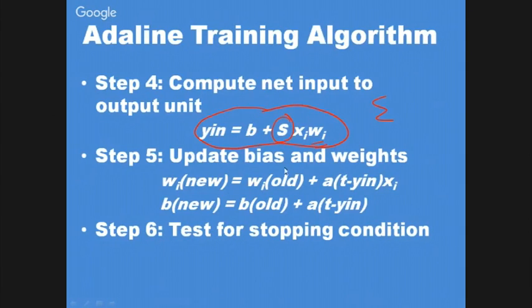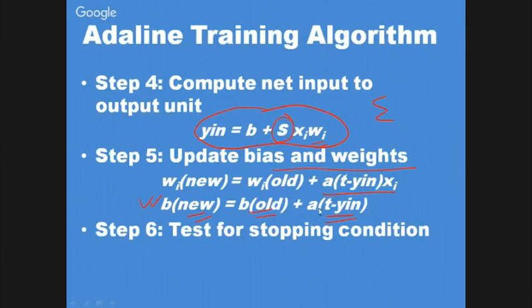Then after that you have to update the weights and the bias. If you take the bias, then you have to update the bias also. So bias new will be bias old plus a into (t minus y in). Here you don't have to give xi; it will be a into (t minus y in) only. Here t minus y in is the difference between the target t and the actual response you are getting.